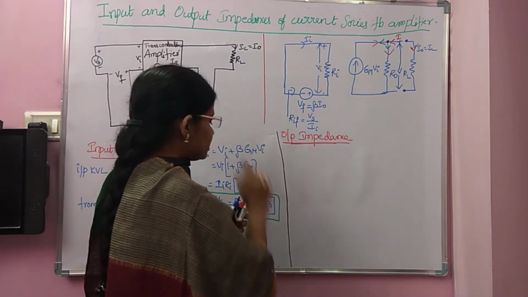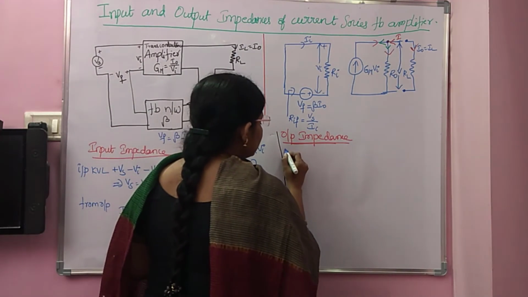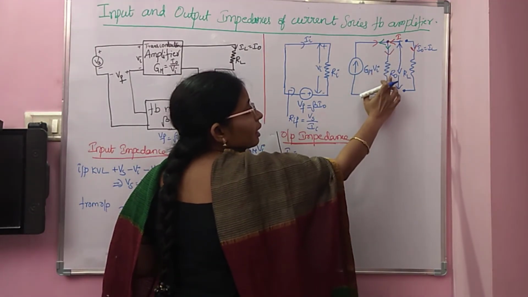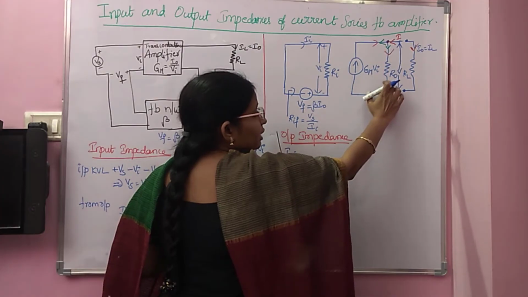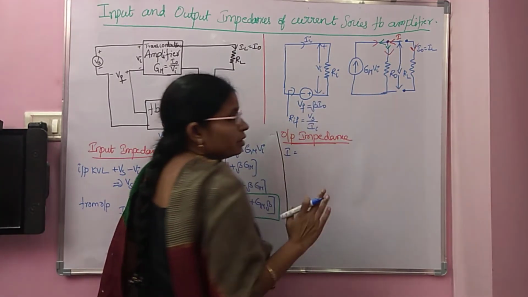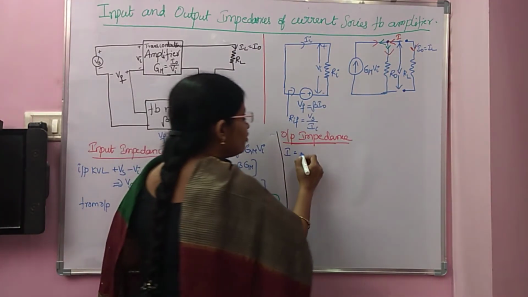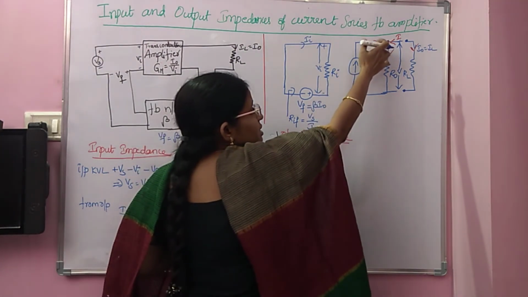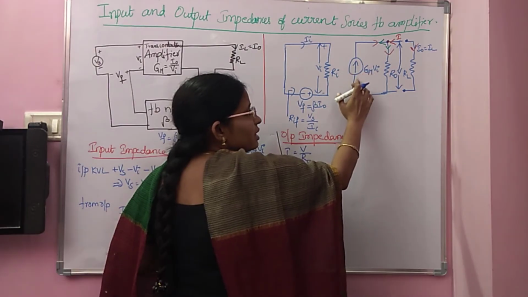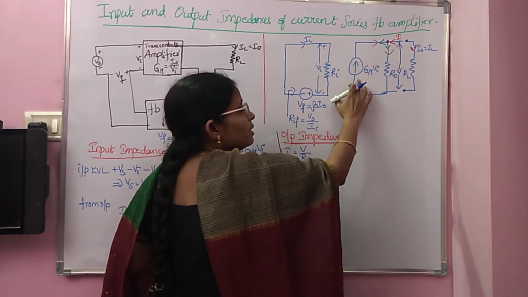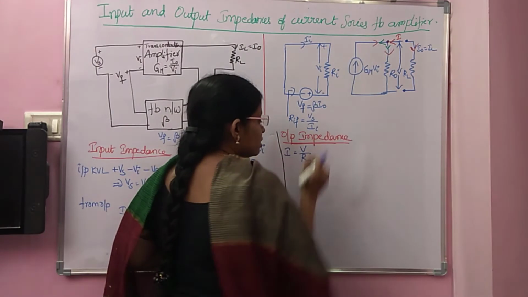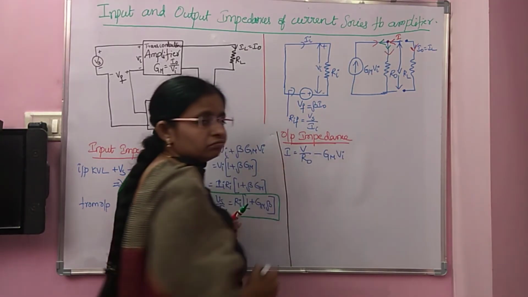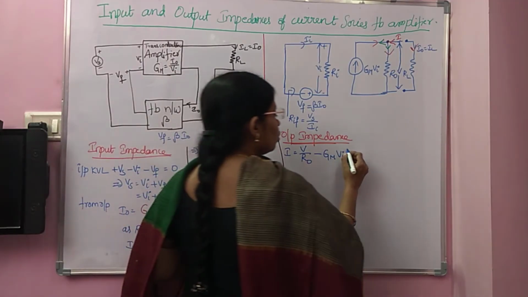If you write the KCL, then I is equal to V by R0, since the resistance is R0 and the voltage across R0 is V. Then another current is the dependent current source, so the KCL gives minus Gm Vi. Minus Gm Vi.